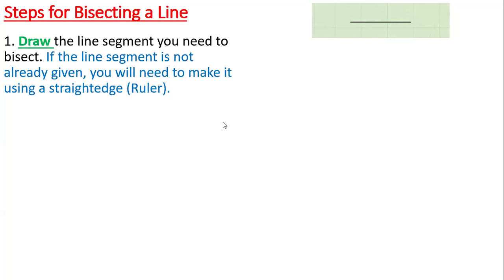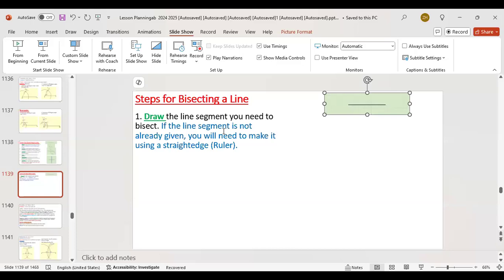The next step is, after we already draw the line, we're just going to use a compass and put it about 75% of the way. This is different than when you are constructing an angle.